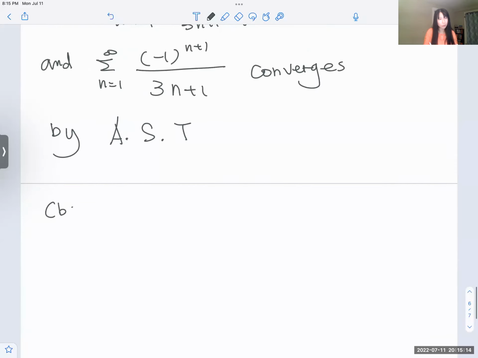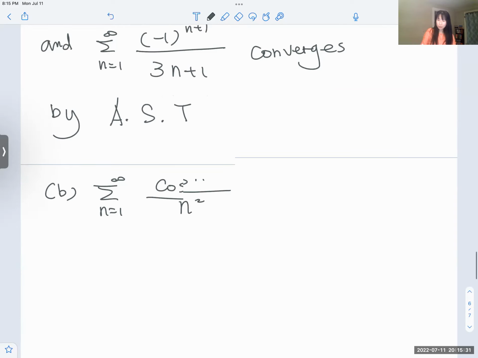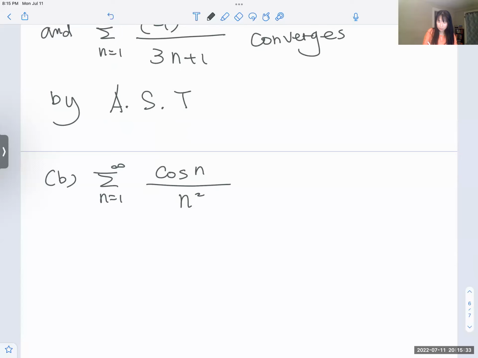So the second part, we have the sum from n equals 1 to infinity of cosine n over n squared. Okay, so look, take the absolute value, right?